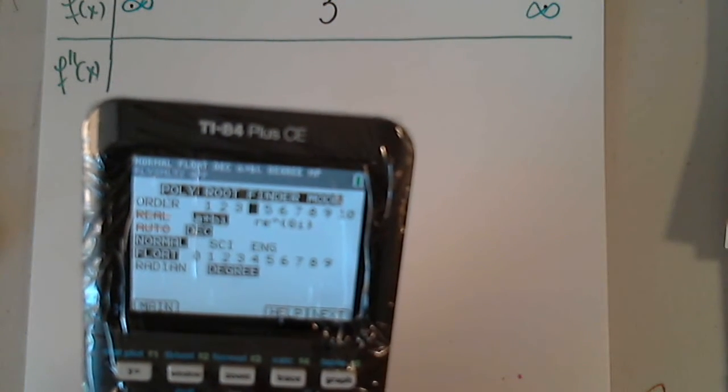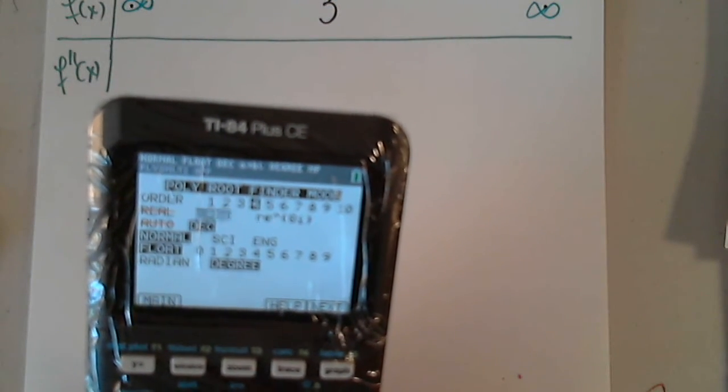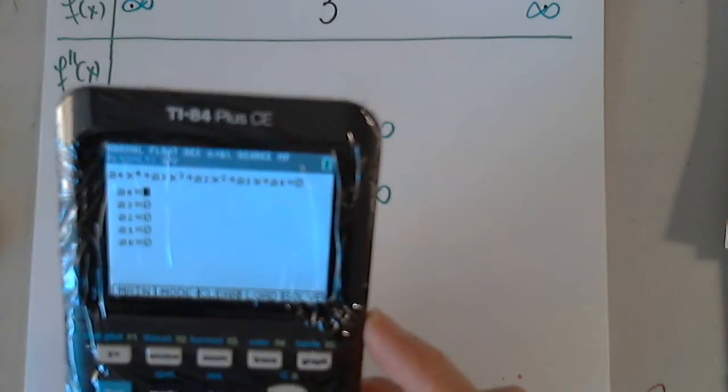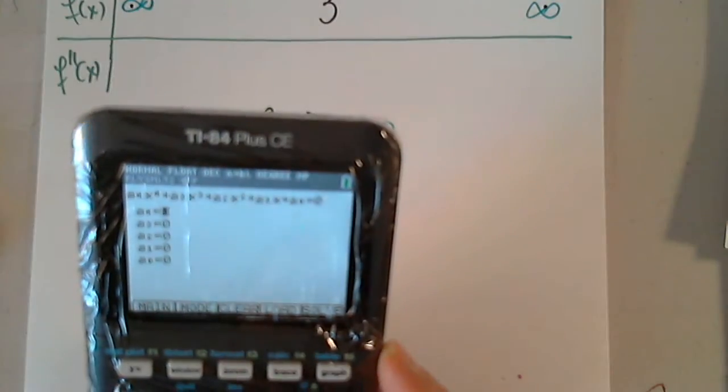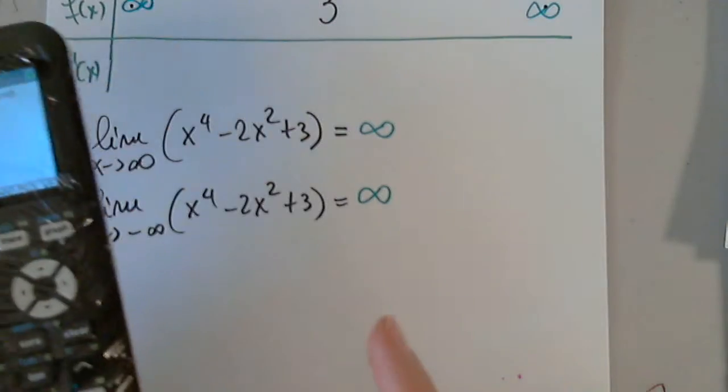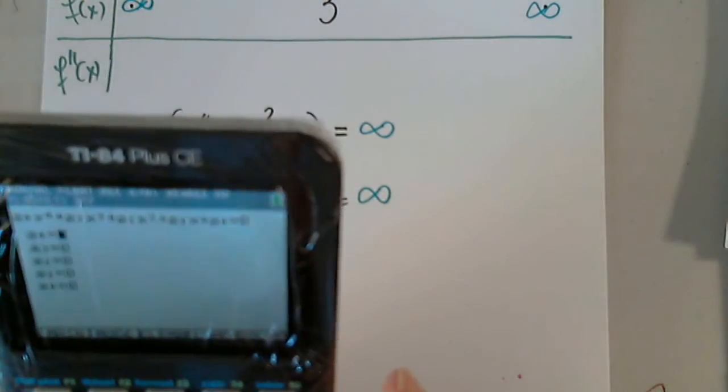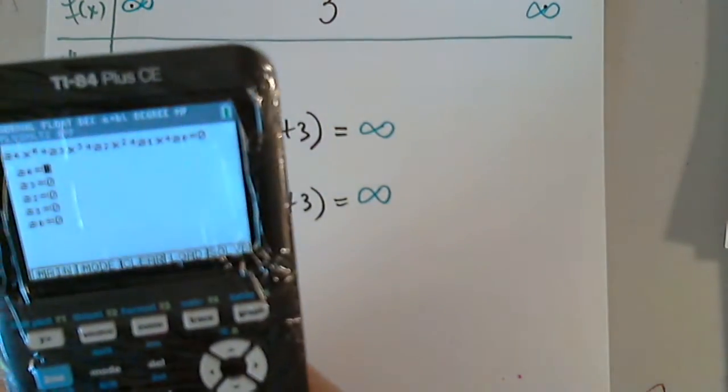The degree is 4, and go to next, and the coefficients are a to the 4, so that's 1. Yes, that's correct.